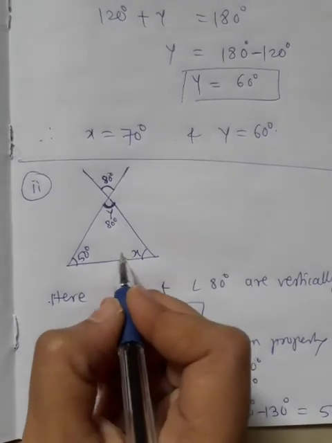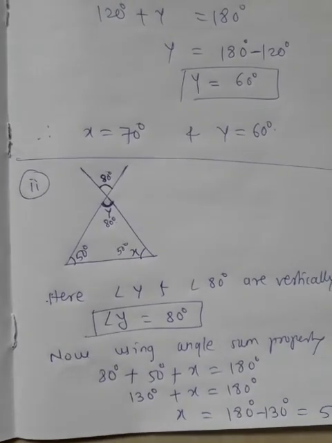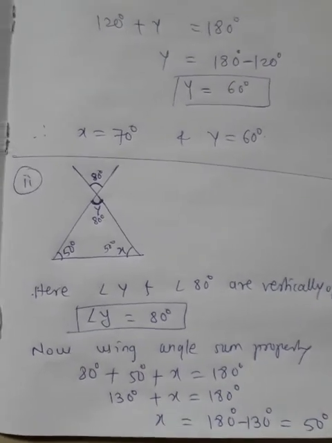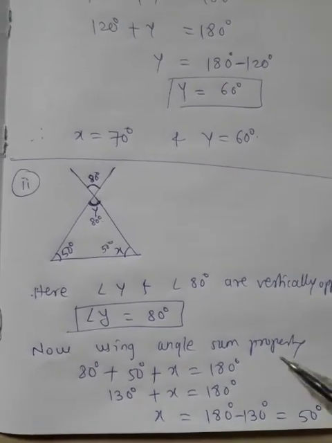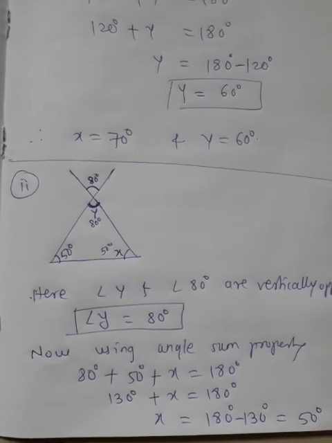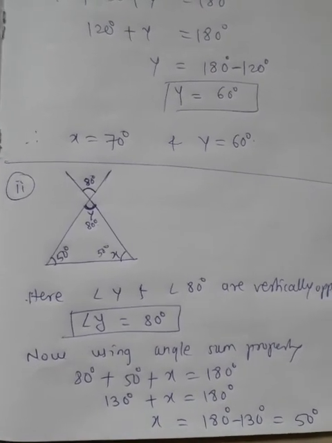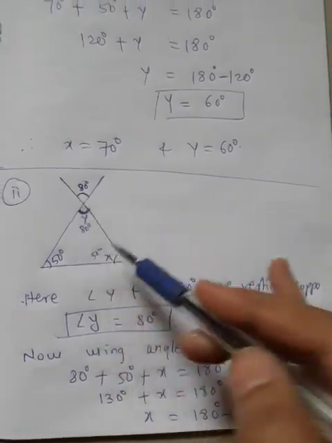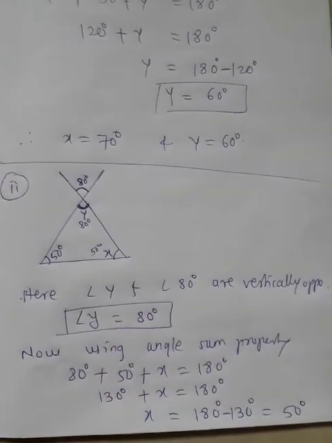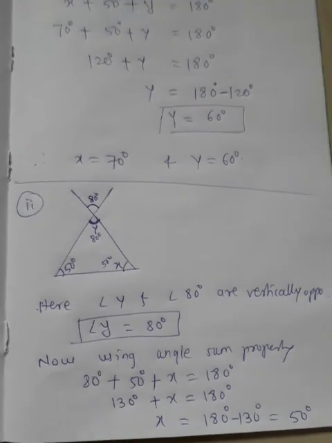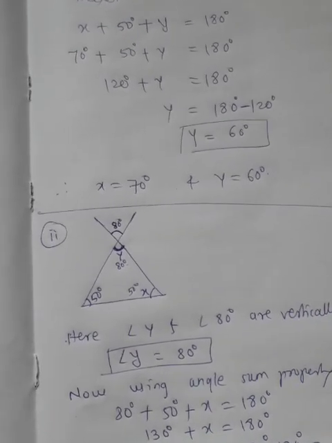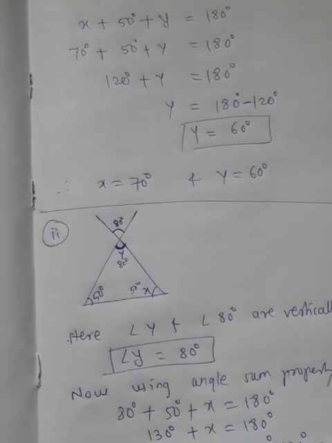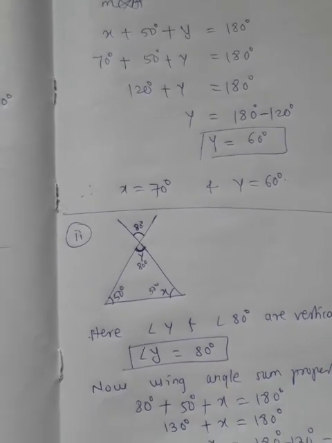So we get the value of x is 50 degrees. Like this you can find two unknown angles by using all our previous properties about vertically opposite angles, exterior angle, linear pair. It depends upon the diagram which property will be useful. Like this you can solve the examples from exercise 3.2. Thank you.